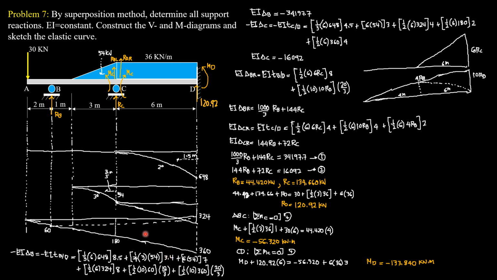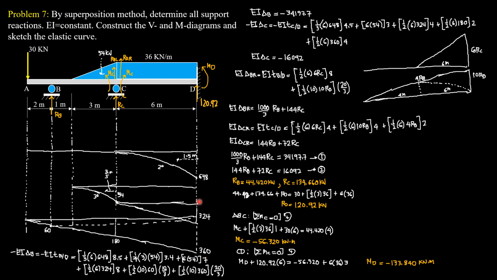Then for this rectangular area, the area is simply 6 times 54. The centroid is here, 3 meters, half of 6. 3 plus 4 is 7. So that's why the moment arm here is 7.